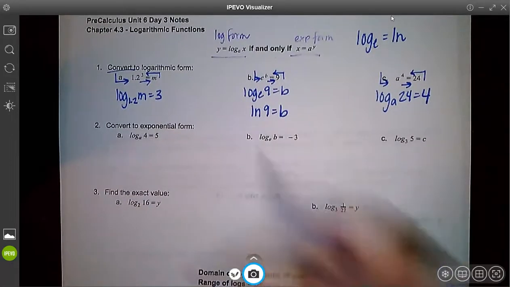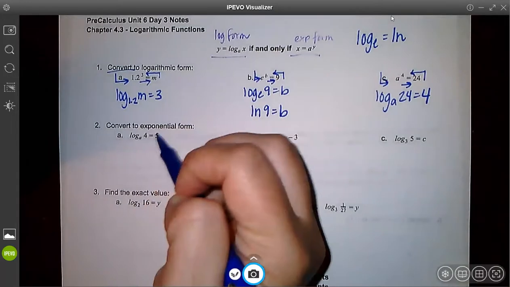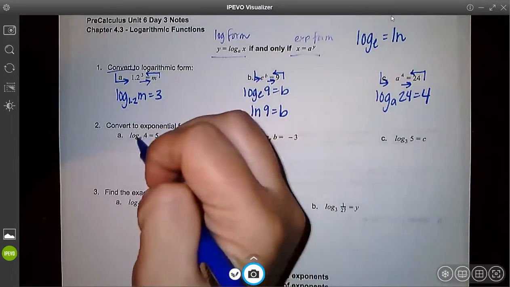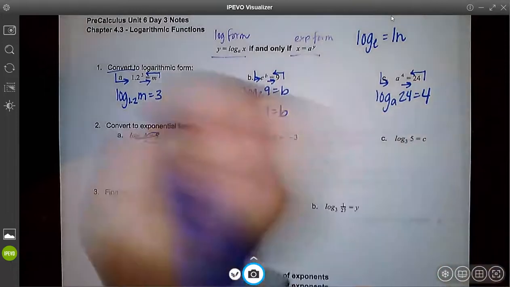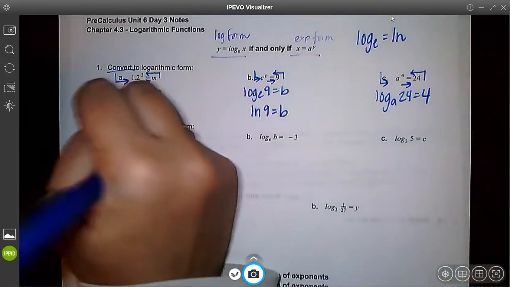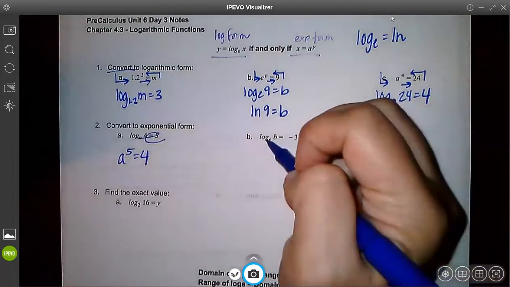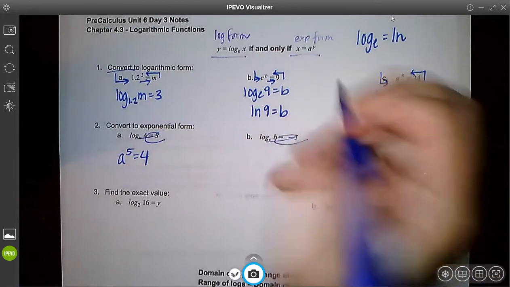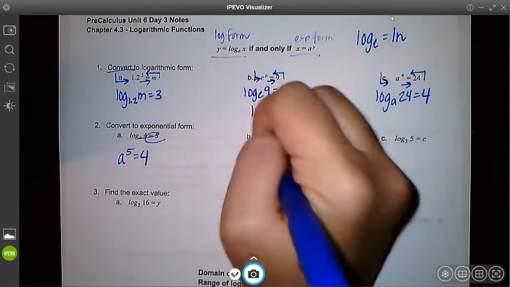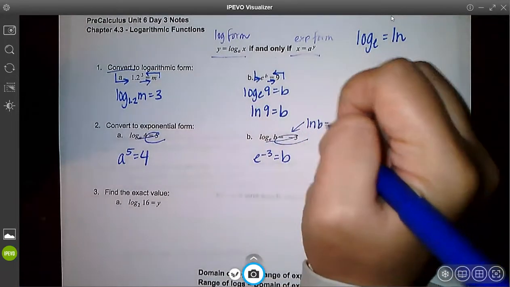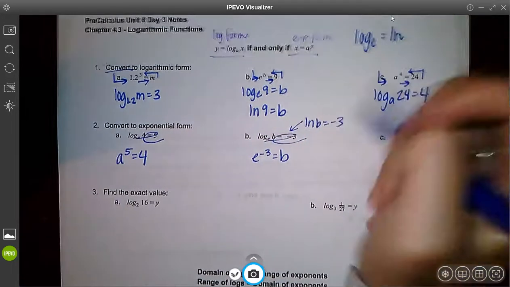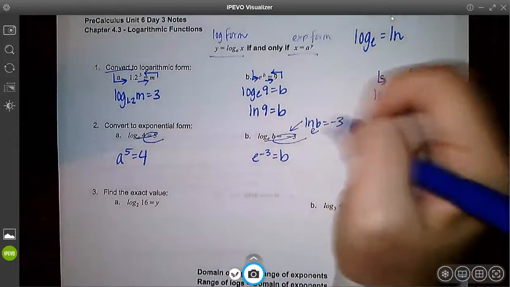Converting to exponential form, you're going to make an e, start with your base, and then circle around. So a to the 5th power equals 4. E to the negative 3rd power equals b. Now, normally this would be written as the natural log of b is negative 3. You would need to know that that is base e.